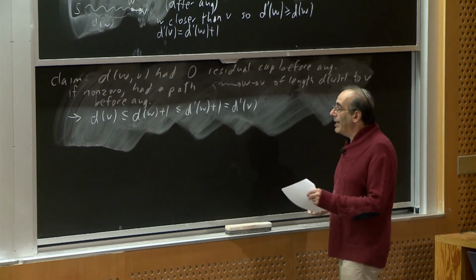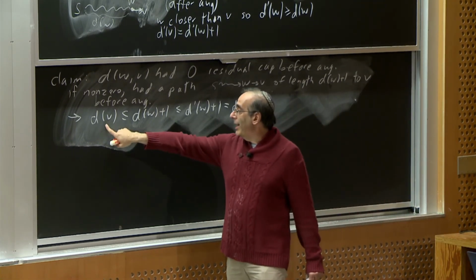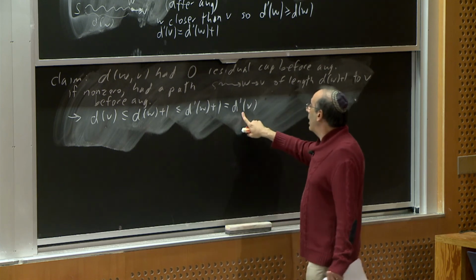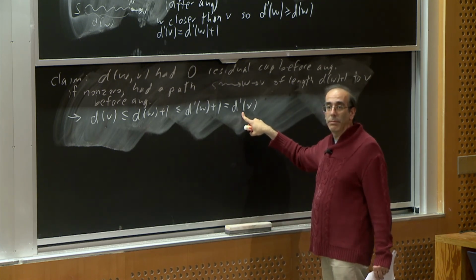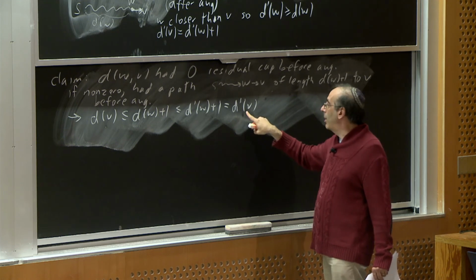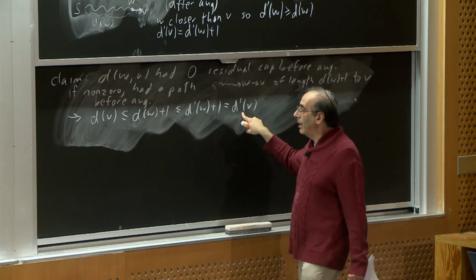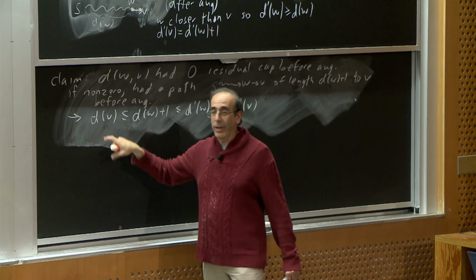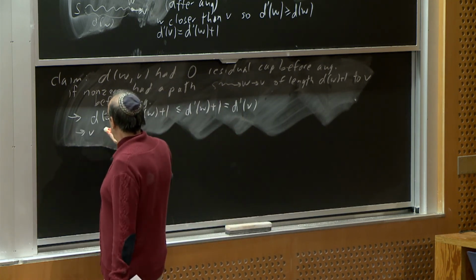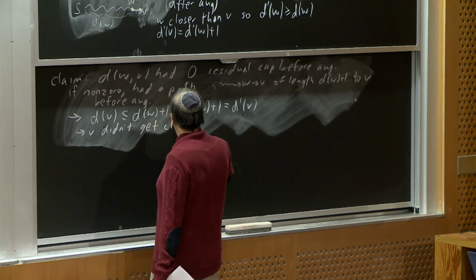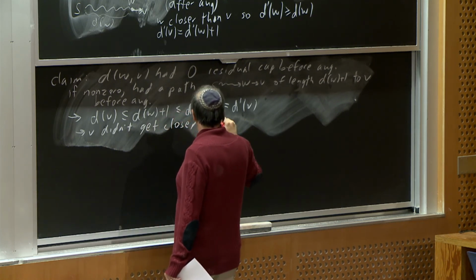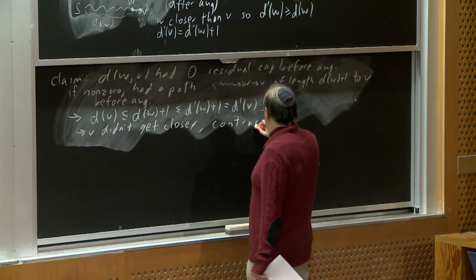So that would tell us that V actually didn't get closer, right? That the new distance of V is at least the old distance of V. So that's a contradiction.